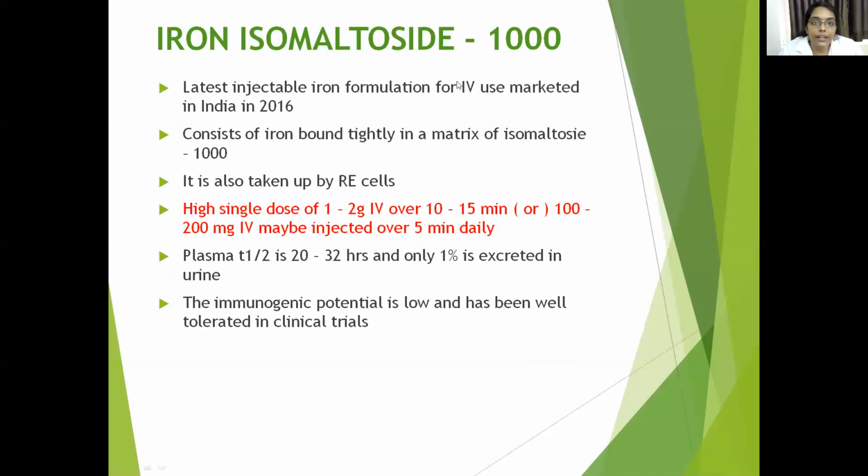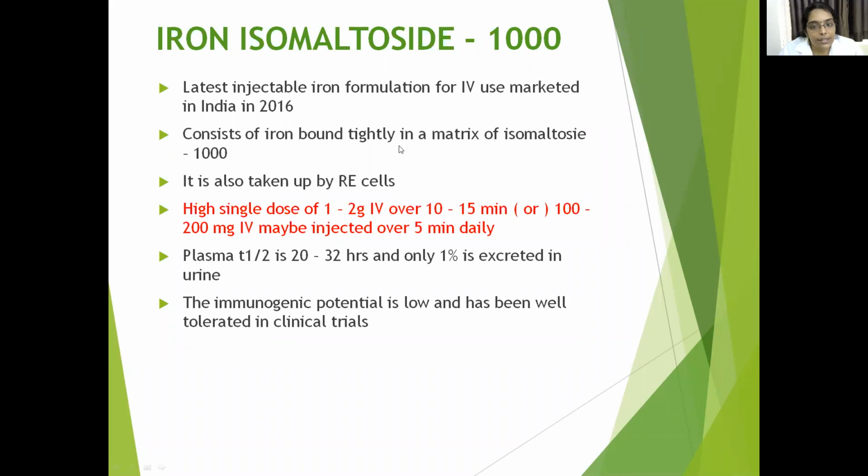Then the last one, iron isomaltoside 1000. This is the latest injectable iron formulation for IV use, marketed in India in 2016. It consists of iron bound tightly in a matrix of isomaltose 1000. It is also taken up by the RE cells and released slowly.